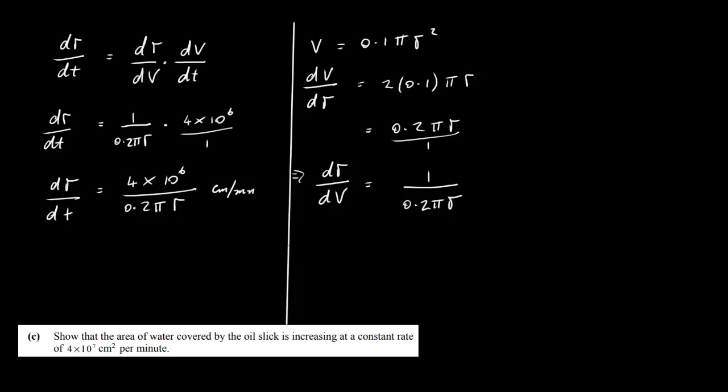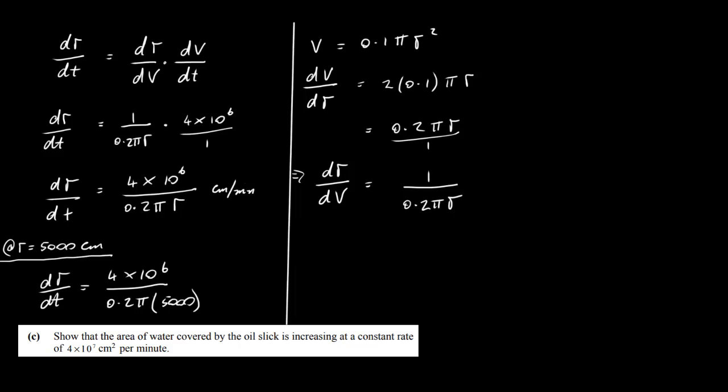There are 100 centimeters in a meter, so at r equal to 5,000 centimeters, this is what we're looking at now. dr dt is going to be equal to 4 by 10 to the power of 6 divided by 0.2 times pi times 5,000. And when you calculate that, you get 1273.3, and that's going to be centimeters per minute.